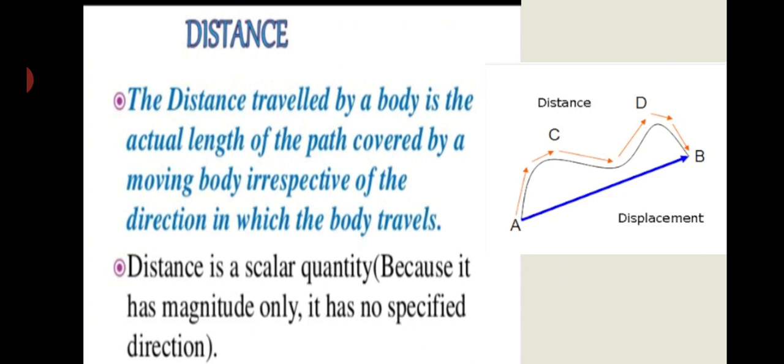In the figure, to reach from A to B, a person travels along a curved path, that is A to C, C to D and D to B. So the actual length covered on the curved path is called distance.